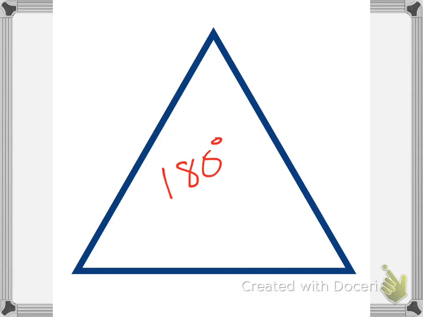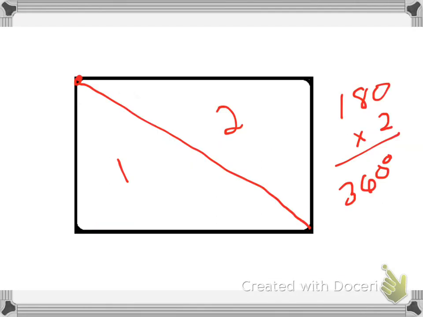So let's go back to the triangle. When we looked at the triangle, we had 3 sides, right? And when we have 3 sides, that makes 1 triangle. When I look at the rectangle, I have 4 sides, but that's going to make 2 triangles.